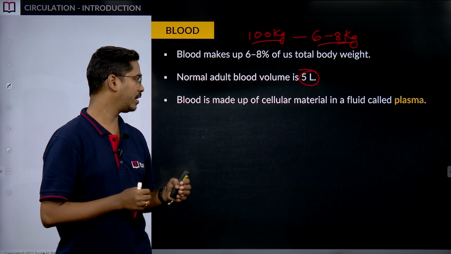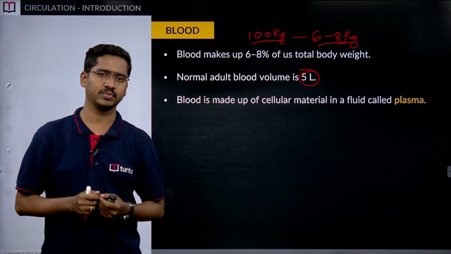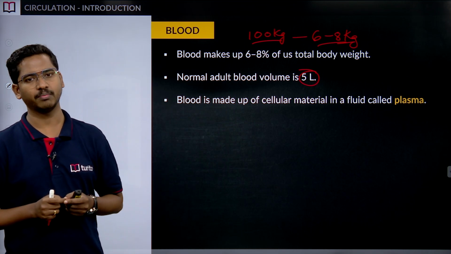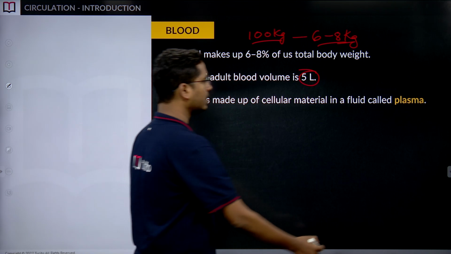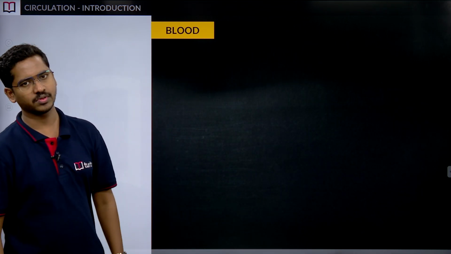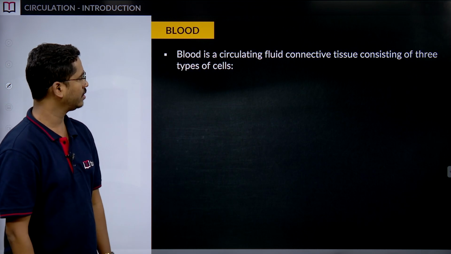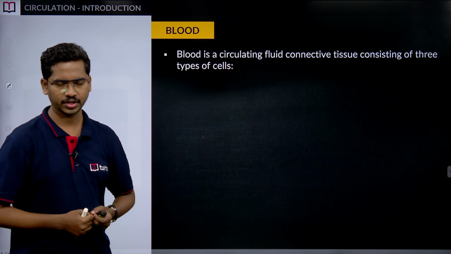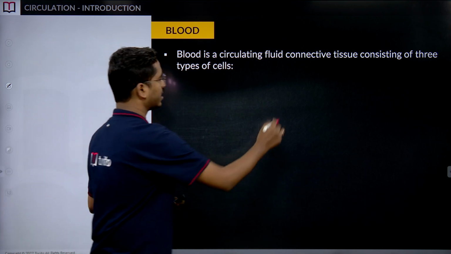So, we call blood the fluid connective tissue, is not it? So, that fluid nature of the blood is because of the plasma. So, that is the one which is having that fluid nature, right. So, blood is a circulating fluid connective tissue.